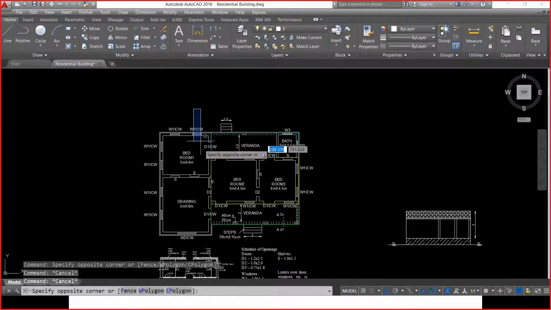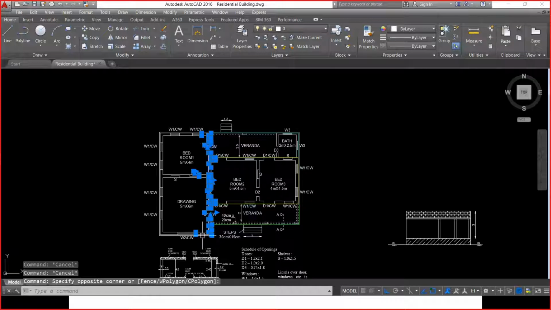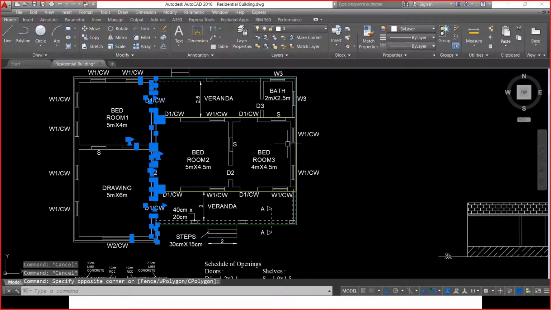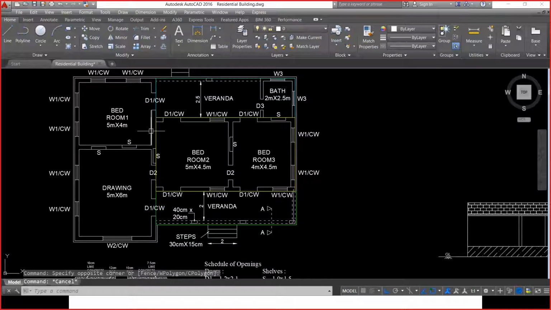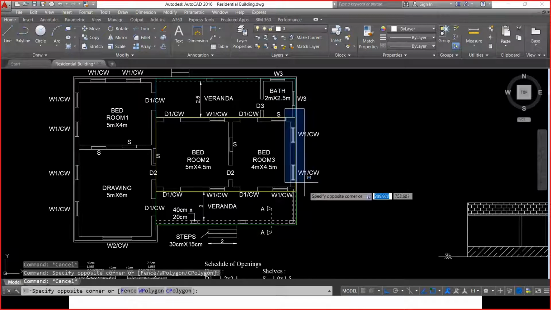Of course, this wall is already considered, so I don't have to consider the same wall again in the calculation of the length, because it has already been constructed. Let us assume the construction of the drawing room and bedroom number 1 is already done. I have to just construct these areas. So long wall number 1, long wall number 2, short wall number 1, and short wall number 2.